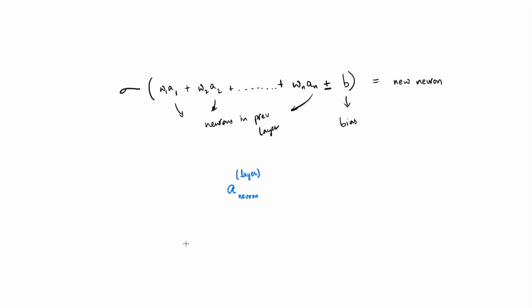For example, let's say we want to write the activation of the third neuron in the second layer. Since the index starts at 0, the third neuron is represented by A2, and the second layer is represented with superscript 1.